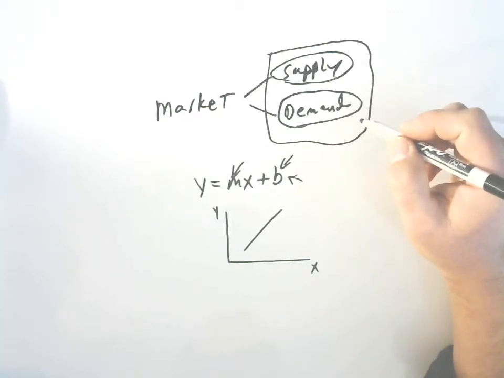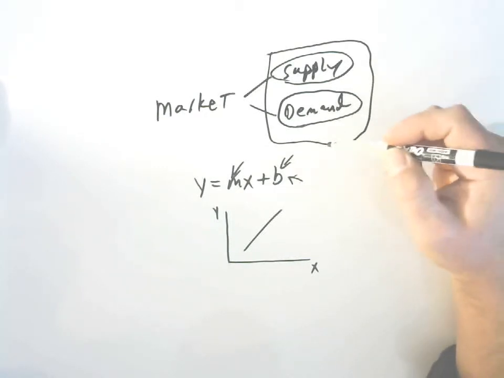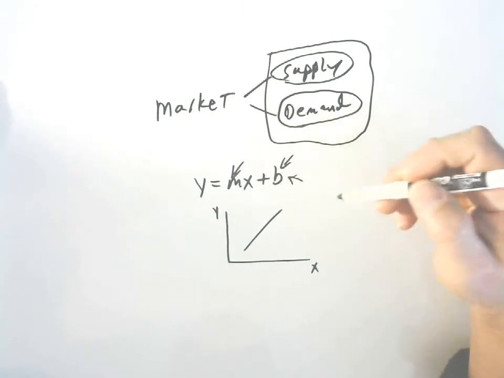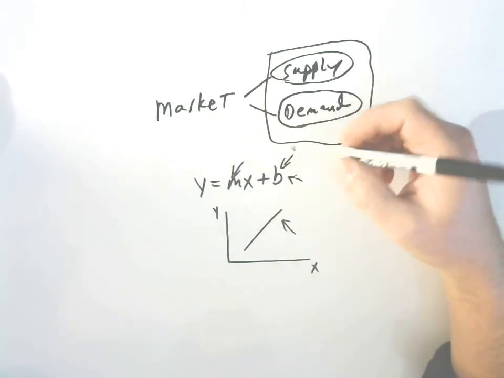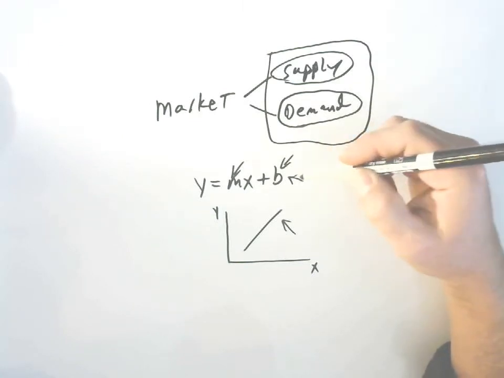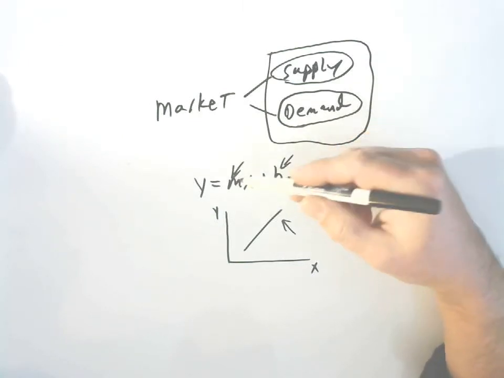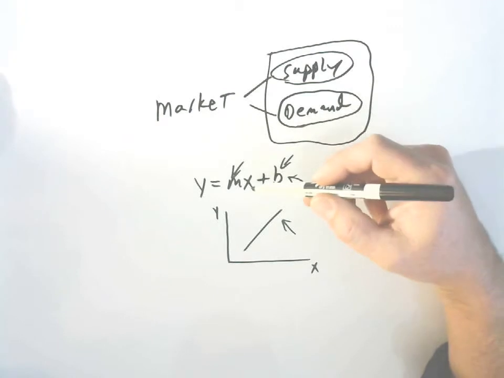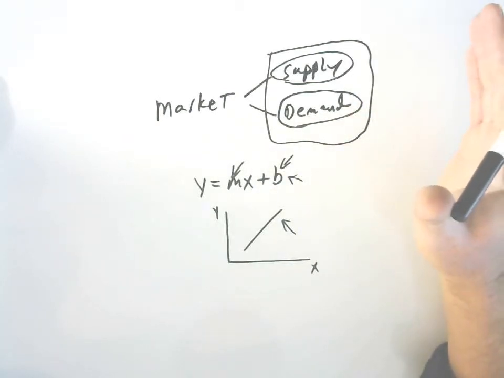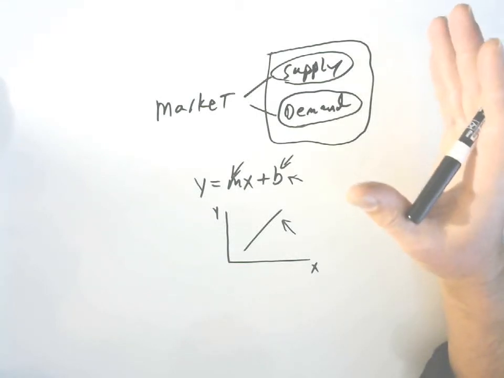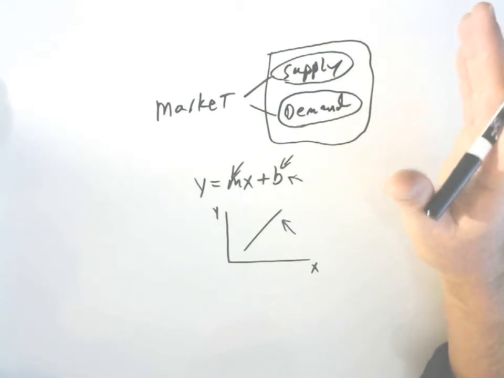What we do in economics is we take this starting position and we input different information in for m or b, and that new information would be caused by some event that would occur, and in economics we usually call this event a shock.